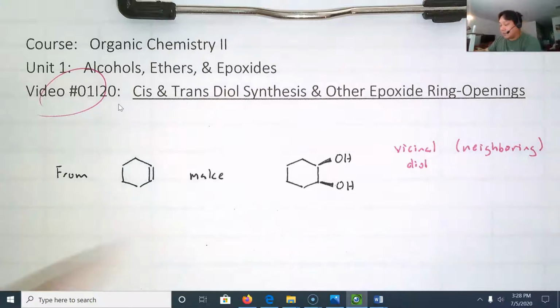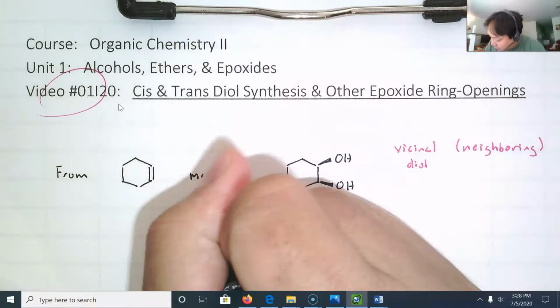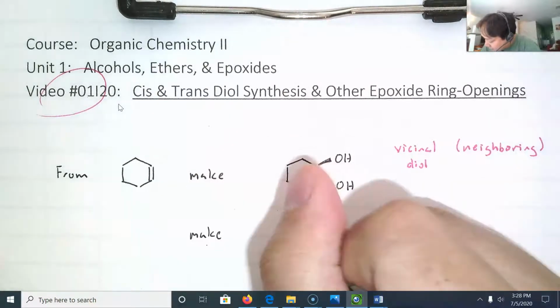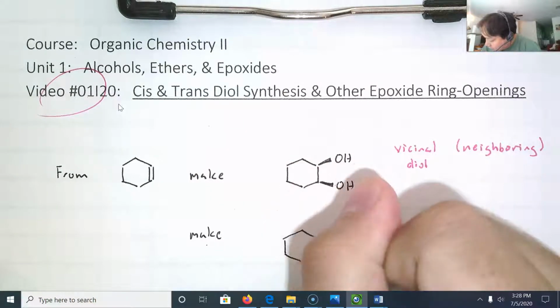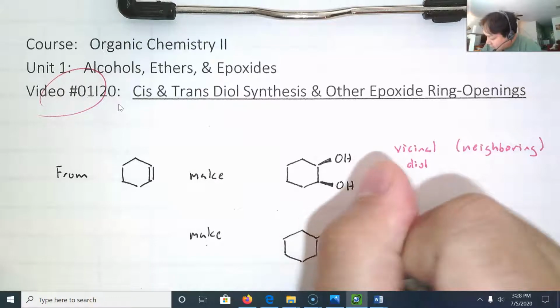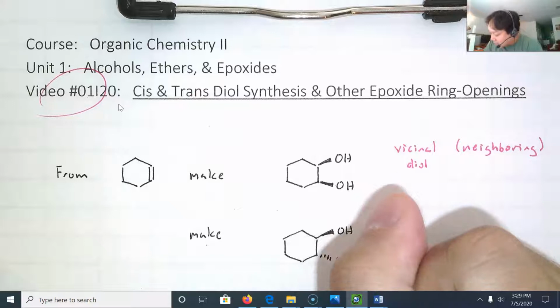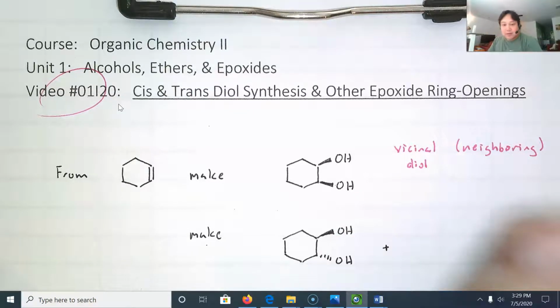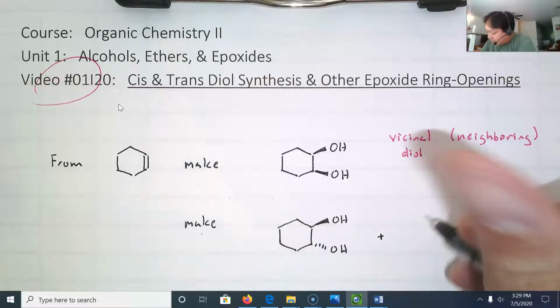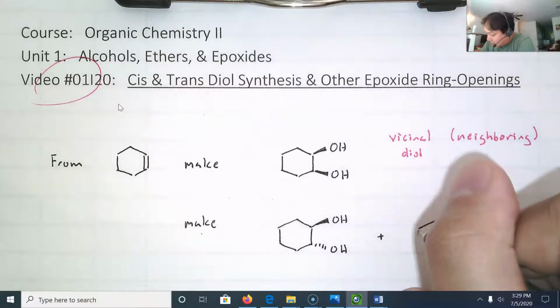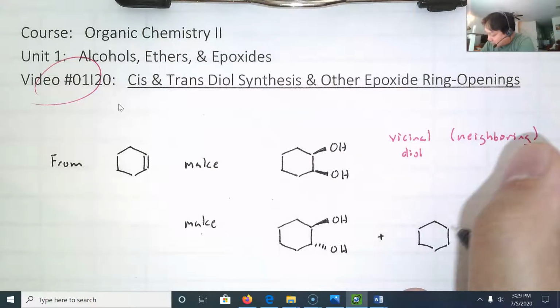So that's the cis, but I also want us to make the trans. Now, the trans actually can be two enantiomers. It can be one of two enantiomers. It could be this enantiomer, or it could be the opposite.